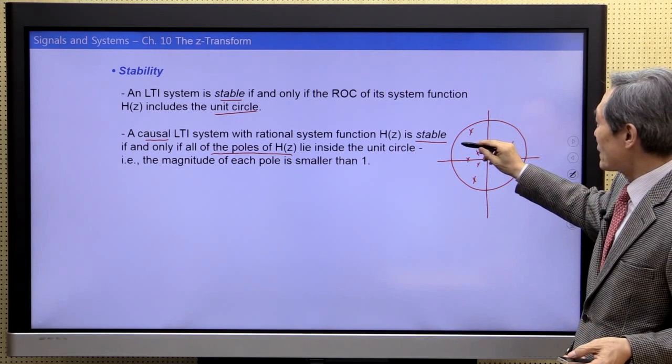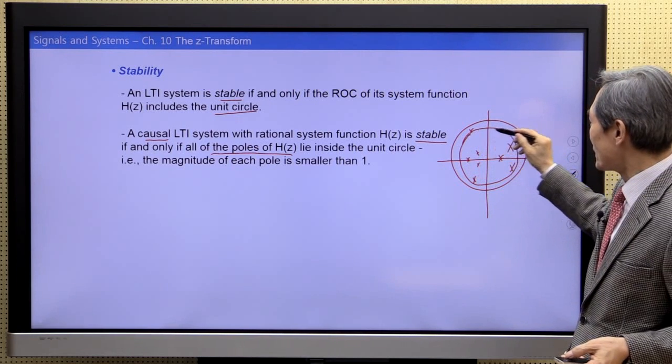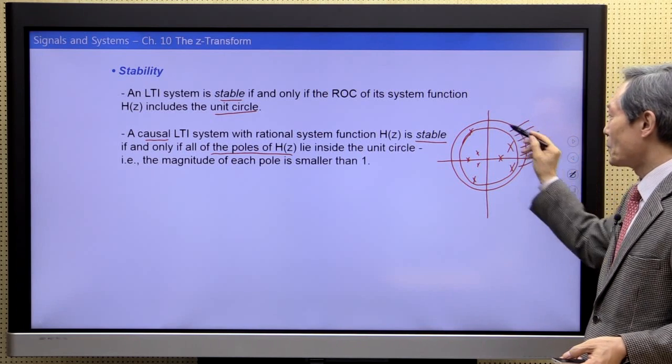If it is causal, the region of convergence will be outside of the outermost pole.